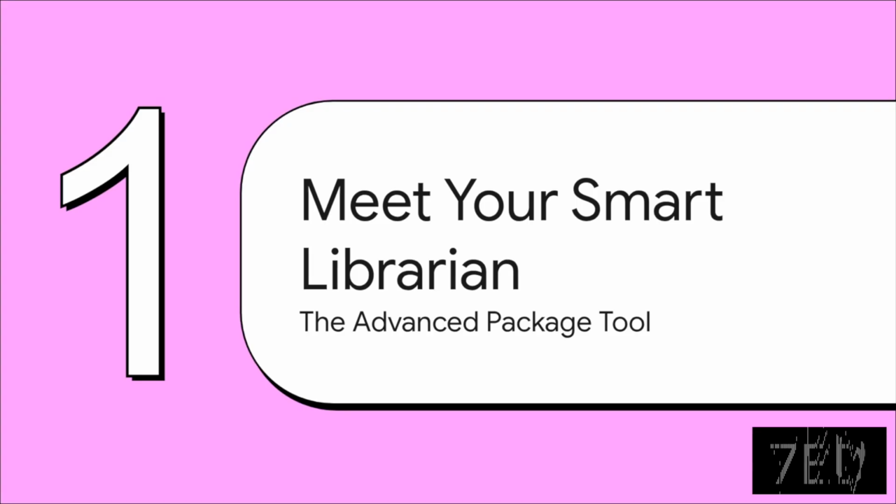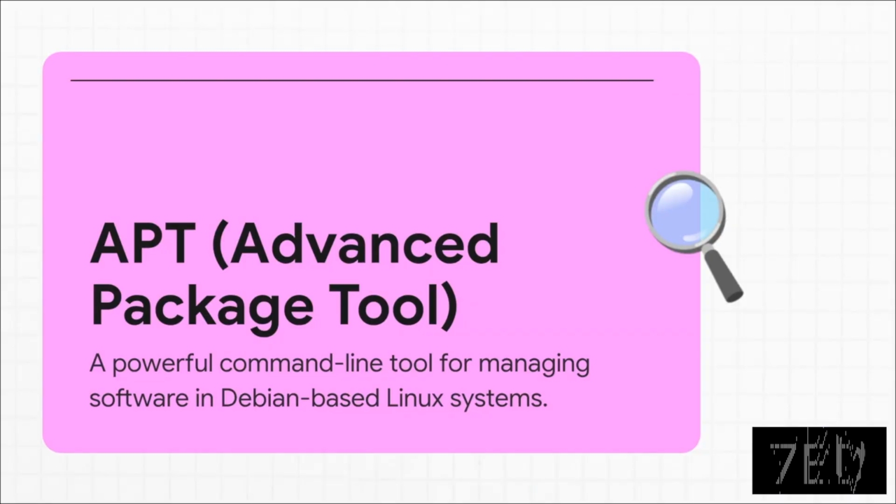Honestly, the best way to think about APT is as your own personal, super smart librarian. So, what is APT, really? Well, simply put, it's a package manager. Its whole reason for being is to handle all the complicated, messy details of software management for you. It makes the entire process incredibly reliable and fast, all through that simple command line.